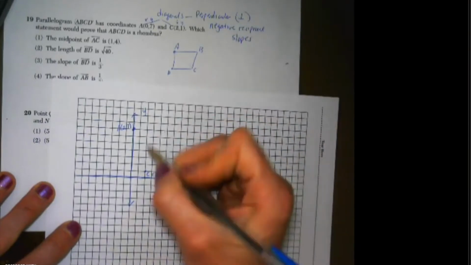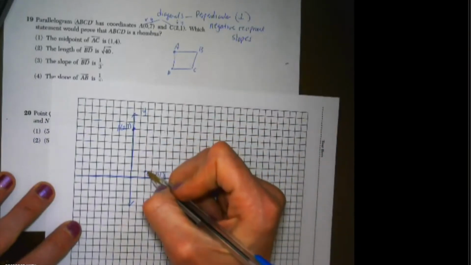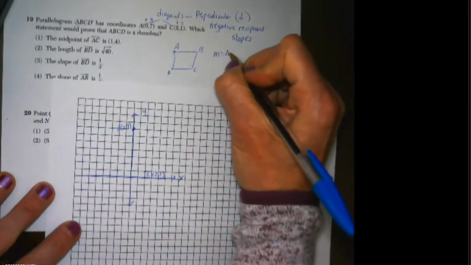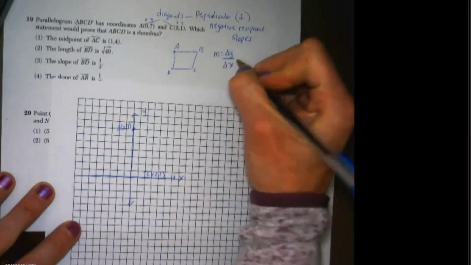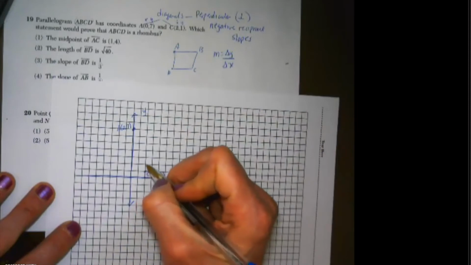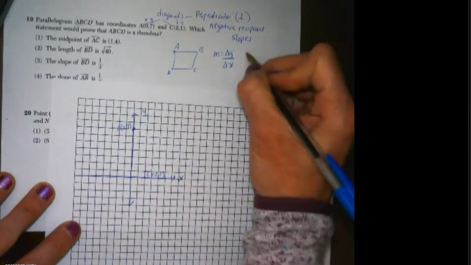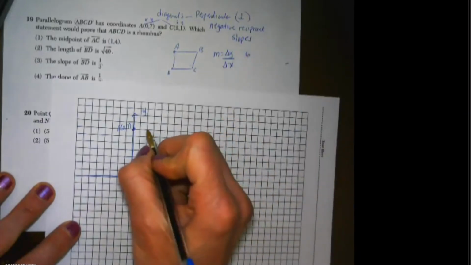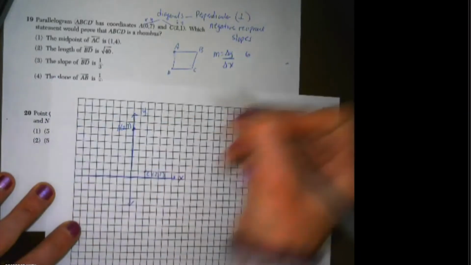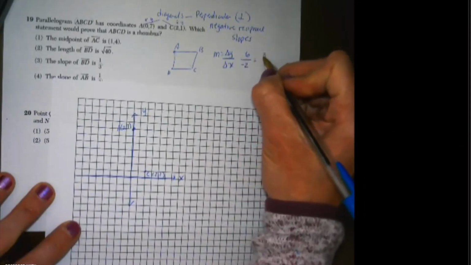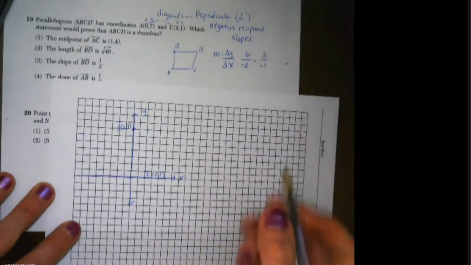So if I can find the slope of AC, remember slope is the change in y over change in x. So we're going to start at C. I'm going to go up 1, 2, 3, 4, 5, 6 units on the y-axis. And then from there, I'm going negative 2 units on the x-axis. When we reduce that, that comes out to be 3 over negative 1.